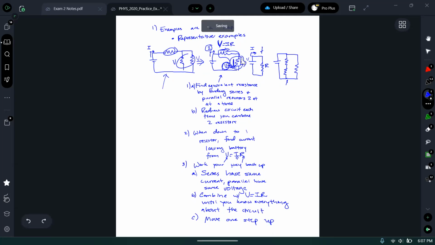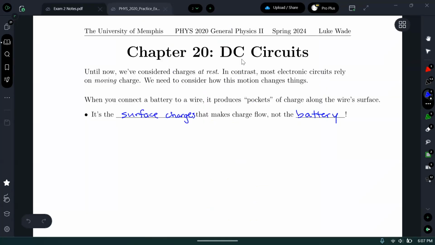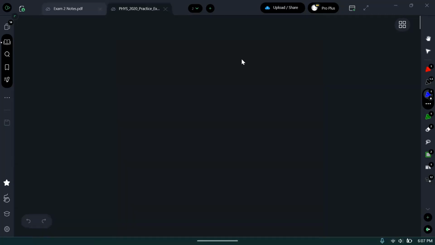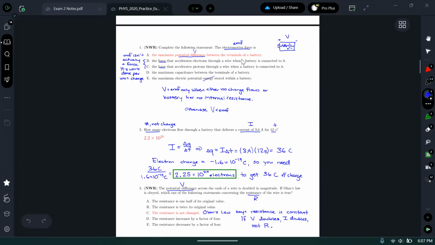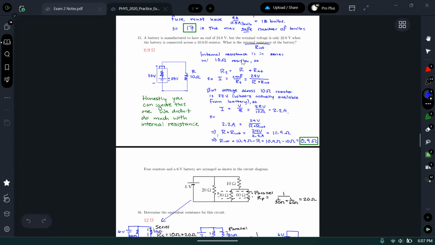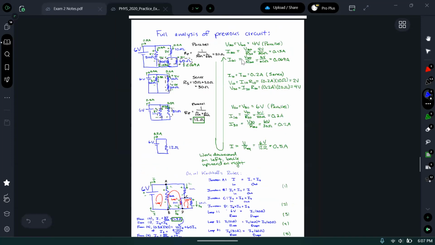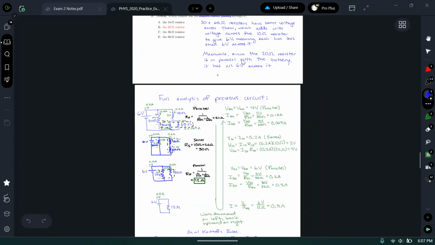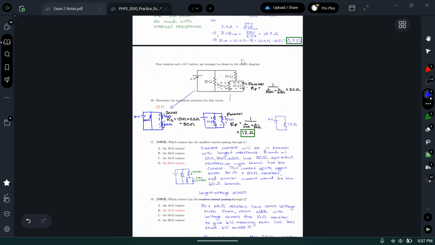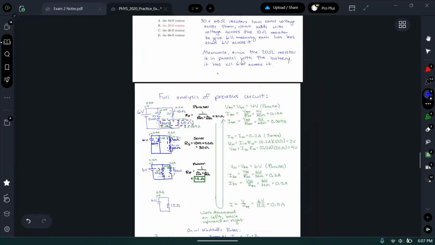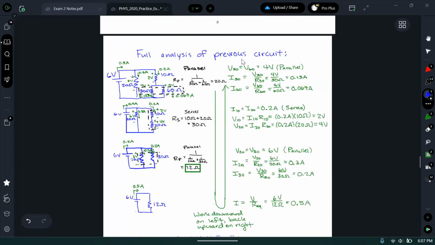So if that bit is not clear, an actual explicit example is in the practice exam already. This part, this full analysis of the previous circuit, is talking about this circuit right here. And you can see I did the exact steps I was talking about.